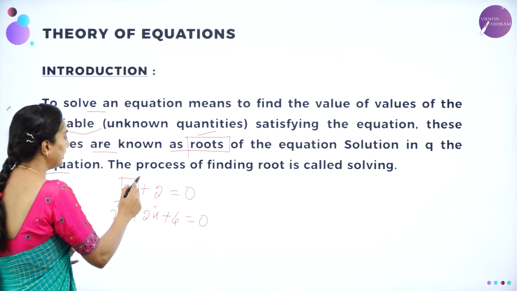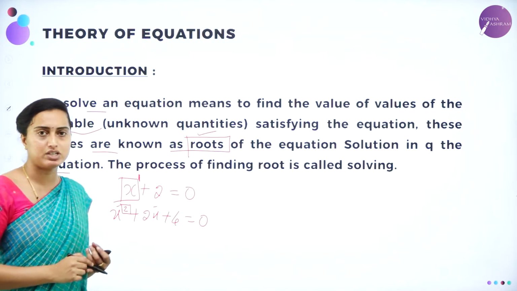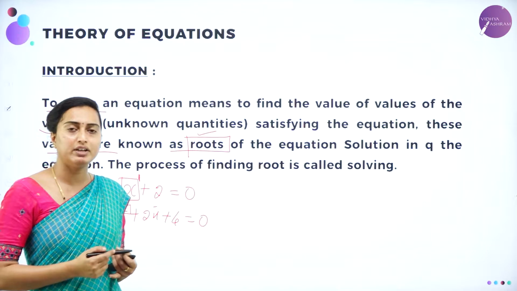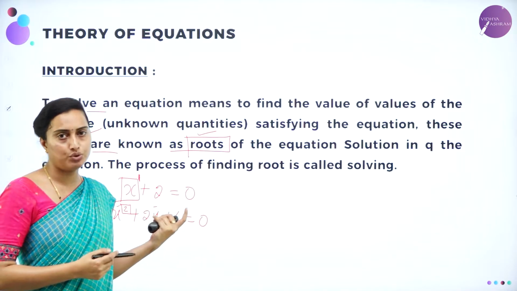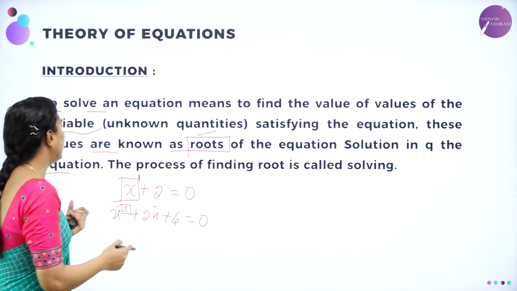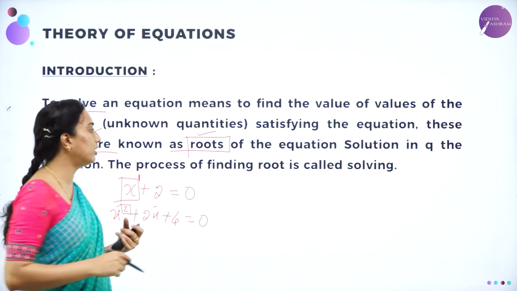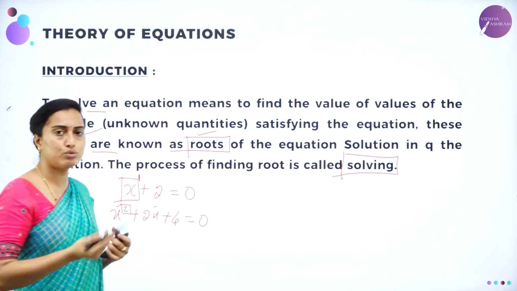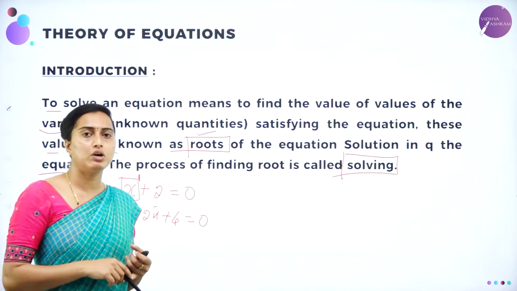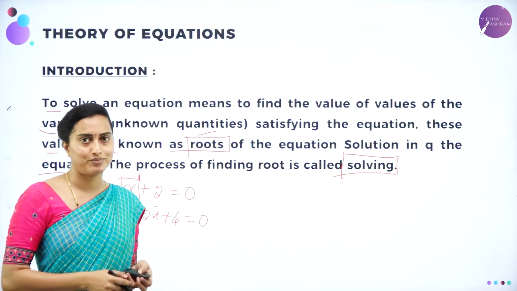Wherever you have degree 1, it is linear; wherever the power is 2, it is degree 2, and you name it accordingly. The process of finding the roots is called solving the equation. So finding the roots of the equation is called solving the equation. Understood?